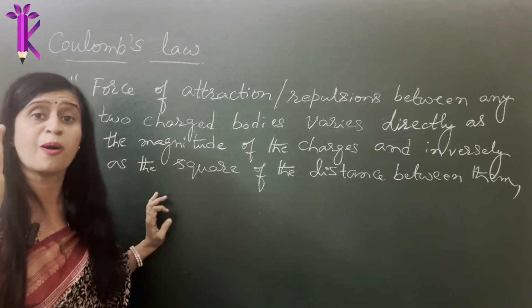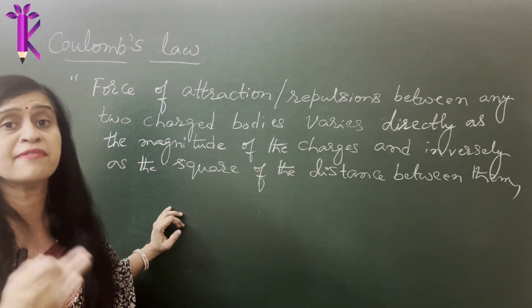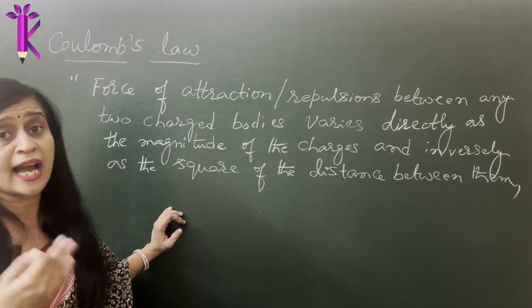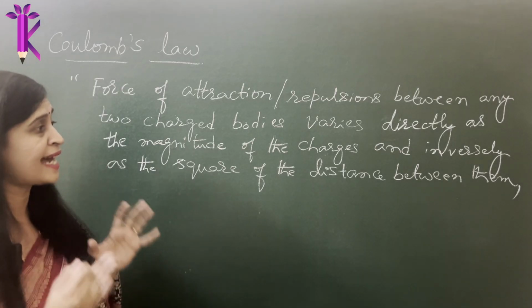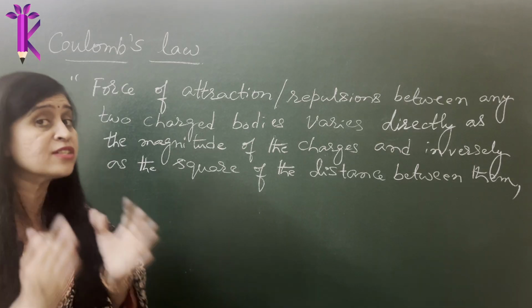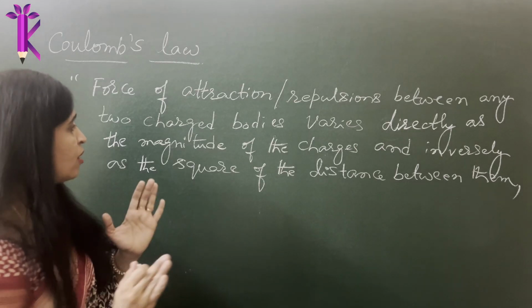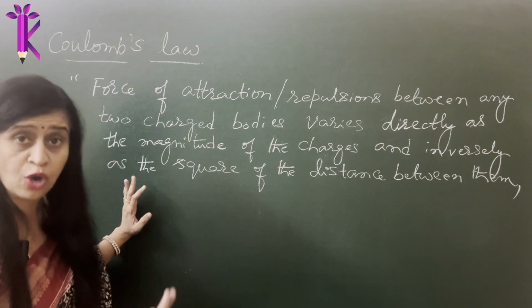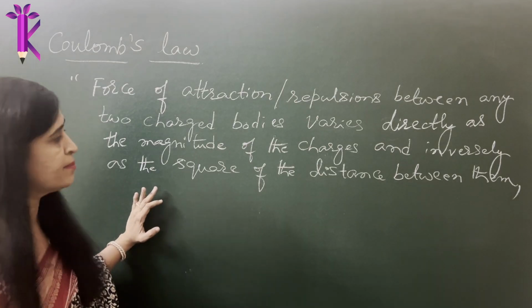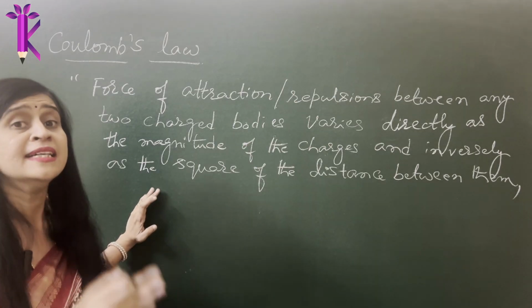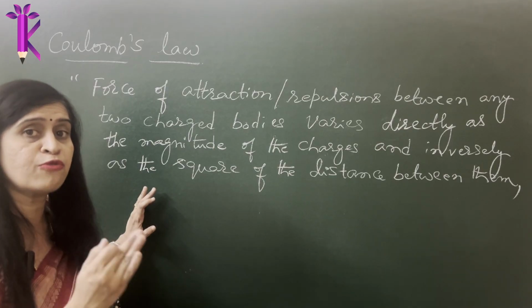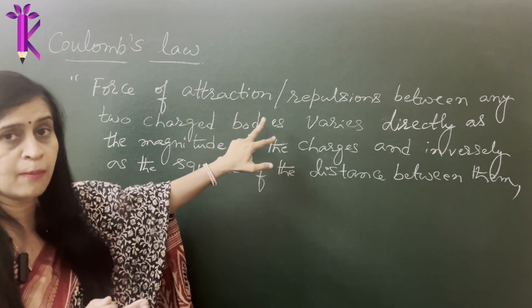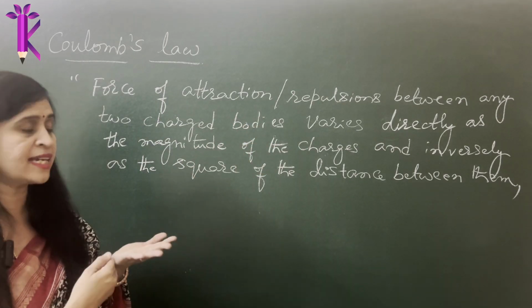And you cannot stop right here. You should also say where the force of attraction acts, because you have to specify the direction in which the force acts, because force is a vector. Please always remember this. If you state it and stop right here, you are definitely going to lose a mark. You must specify the direction in which the force acts between the two bodies, either the repulsive force or the attractive force.